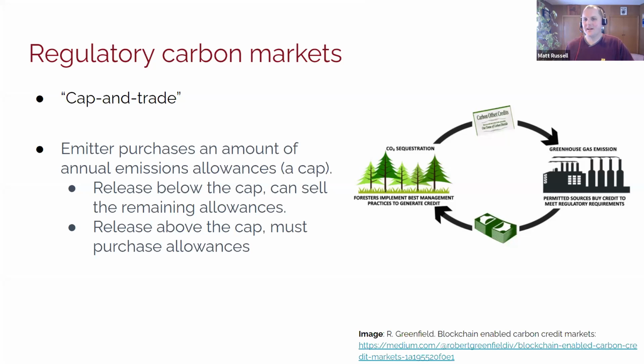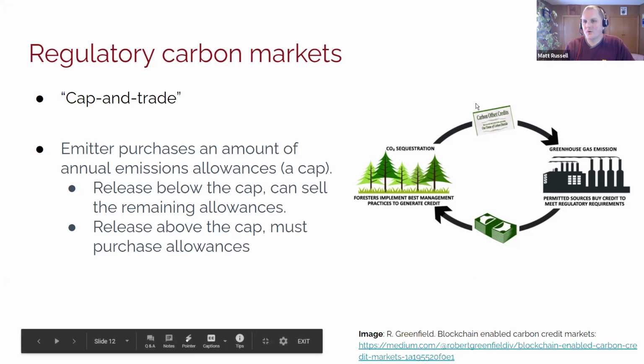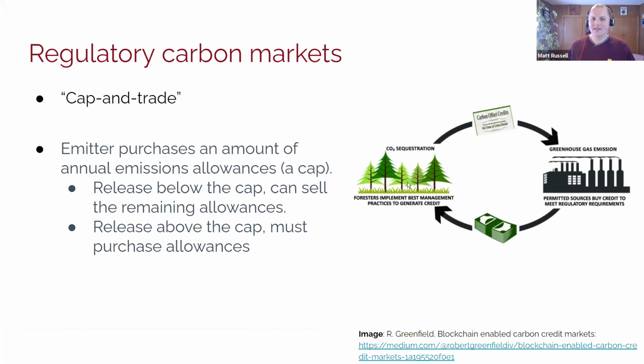That's where this idea of forests and the role that carbon offset credits play comes in. We're basically trading different amounts of carbon, and that allowance is set by regulation. That's how forests play a role: they're the object doing the work in this greenhouse gas regulatory carbon market system.